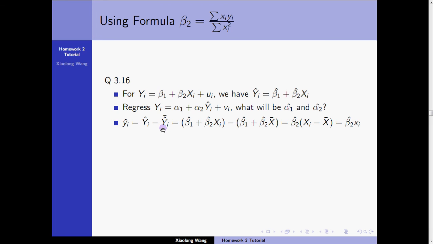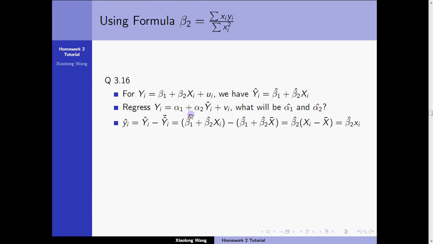And then how about y hat bar? Y hat bar is the mean of this term. The mean of this term equals beta 1 hat, which doesn't change because it is constant, plus beta 2 hat times x bar. So the only thing that we take the mean of is x, and then x becomes x bar.